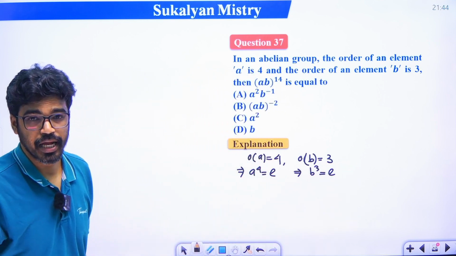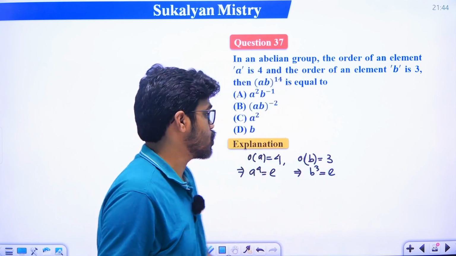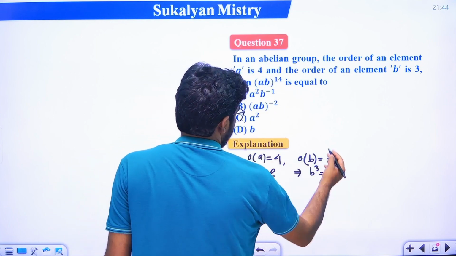Now we know that if G is a commutative group, just note this property.